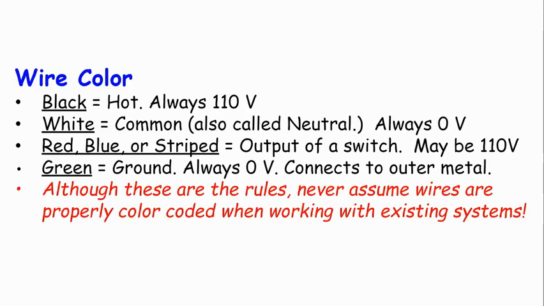All right, the last thing about wire is colors. You should know something about the colors. When we talk about the color, of course, we mean the color of the insulation, the plastic on the outside. Black insulation means that the wire is hot. That means it's always at 110 volts. White wire is wire that is used for the common connection, also called the neutral, and that's always at 0 volts.